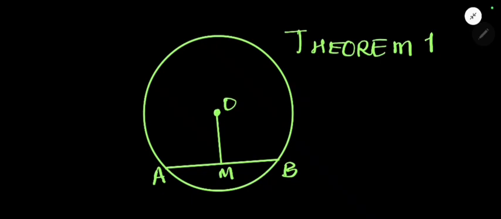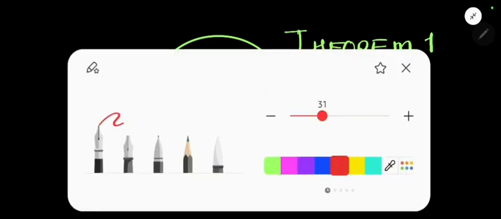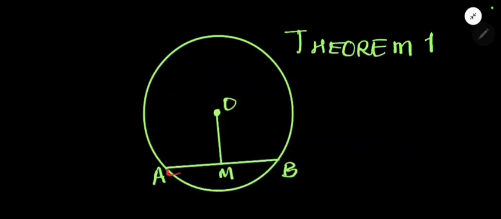And O there. Now theorem 1 says that if they tell you that OM is perpendicular to AB, then the conclusion that you can make is that AM is equal to MB.